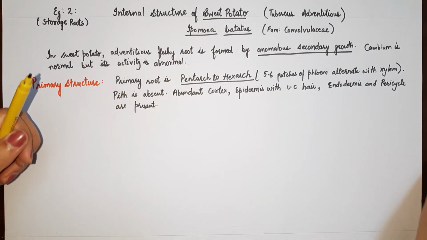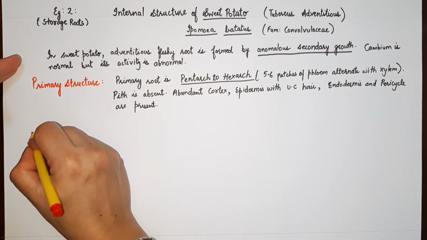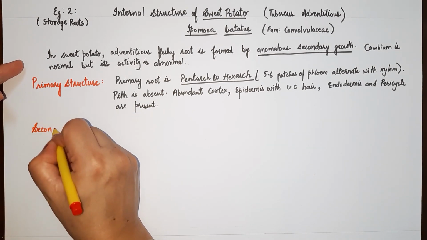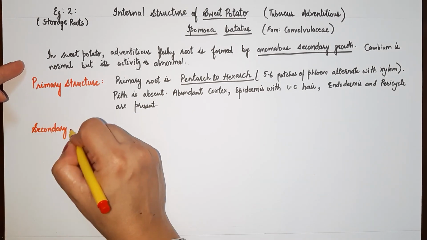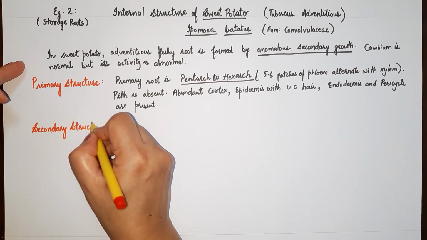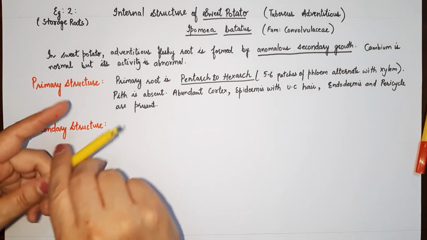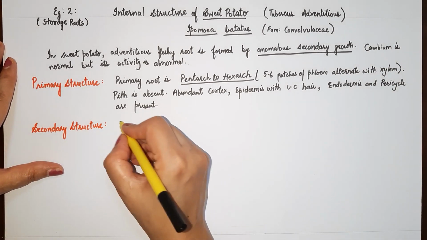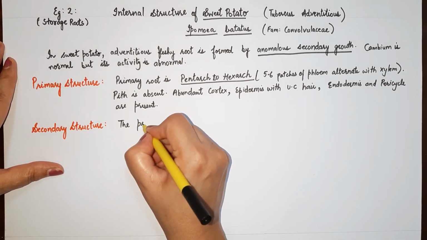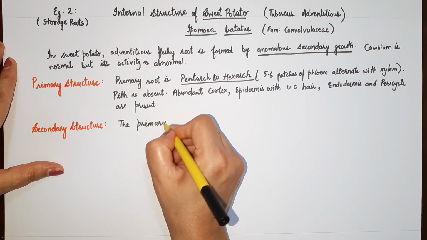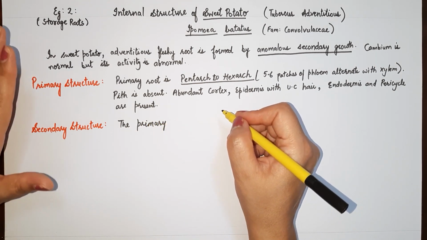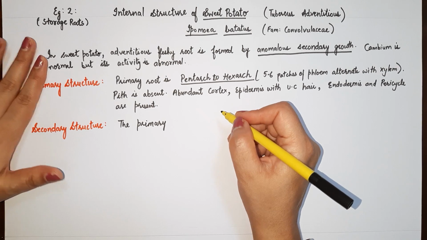Now, during secondary growth, the primary cambium, means the first formed cambial ring, which is also called vascular cambium.